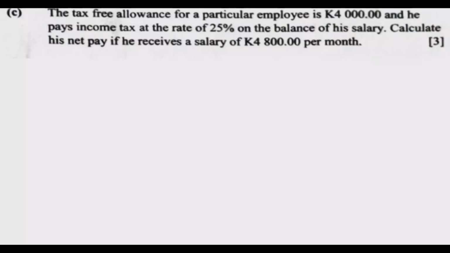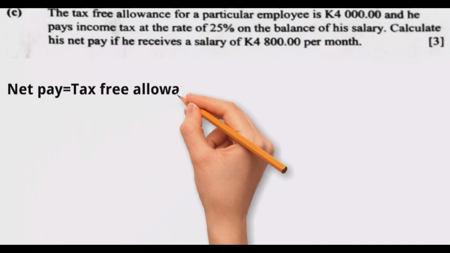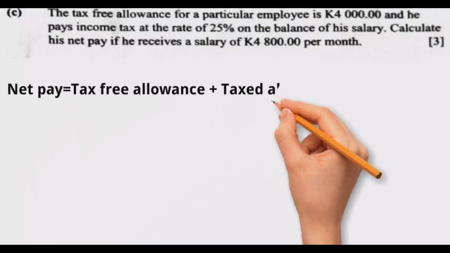Okay, so first we need to come up with the expression that is going to help us find the answer. We are going to come up with a formula: net pay is equal to tax-free allowance plus taxed allowance.